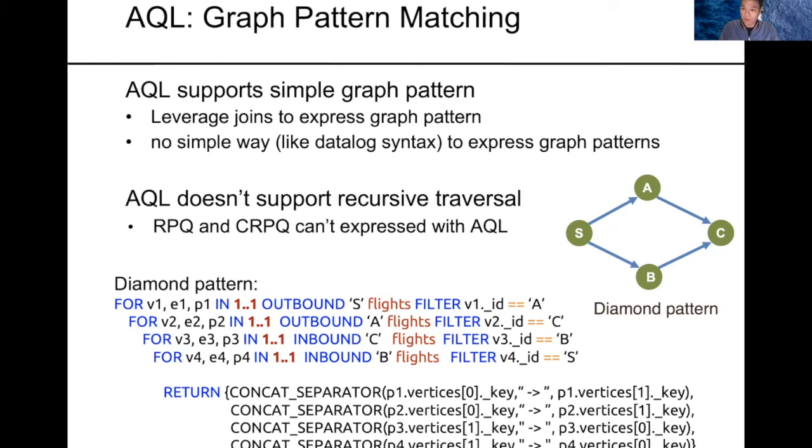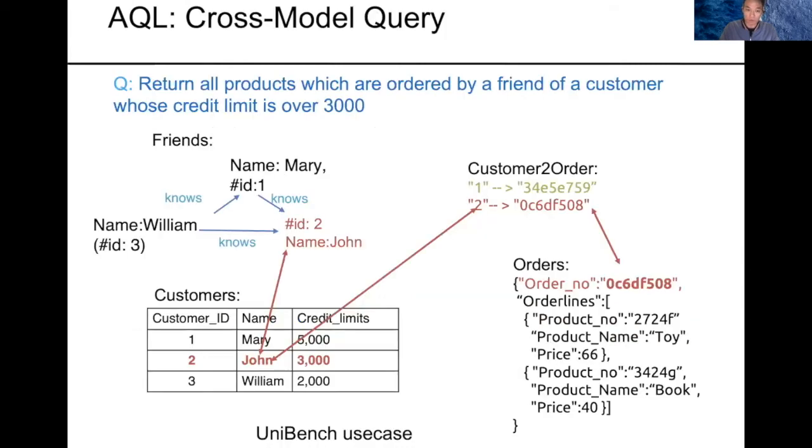So it's very complex to express this kind of very simple pattern. And because AQL does not support recursive traversal, the regular path query and the conjunctive regular path query cannot be expressed with AQL, unfortunately.